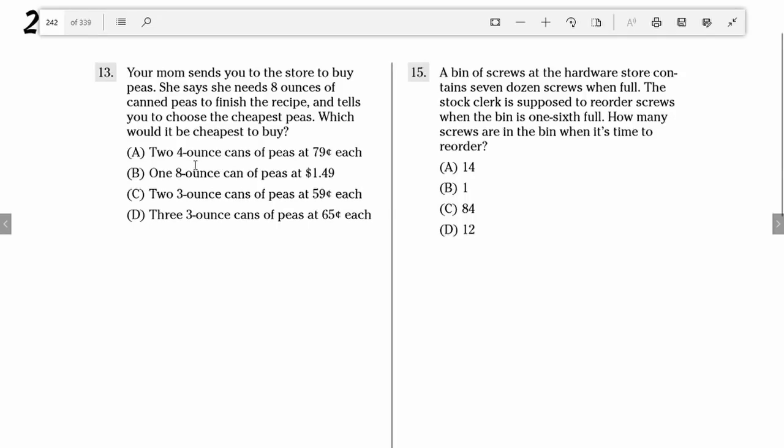2 4-ounce cans of peas at 79 cents a piece. So 79 times, oops, I wrote 72. 79 times 4. 9 times 4 is 36. Carry the 3. 7 times 4 is 28 plus 3. 28, 29, 30, 31.